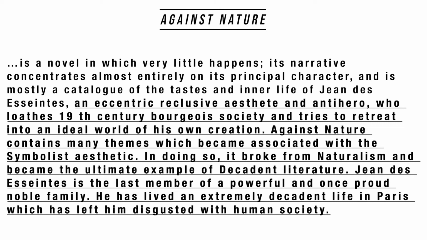Against Nature contains many of the themes which became associated with the symbolist aesthetic. In doing so, it broke from naturalism and became the ultimate example of decadent literature. Jean Des Esseintes is the last member of a powerful and once proud noble family. He has lived an extremely decadent life in Paris, which has left him disgusted with human society.